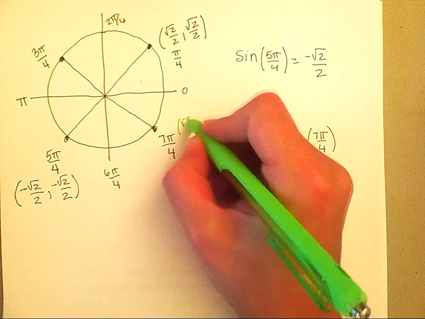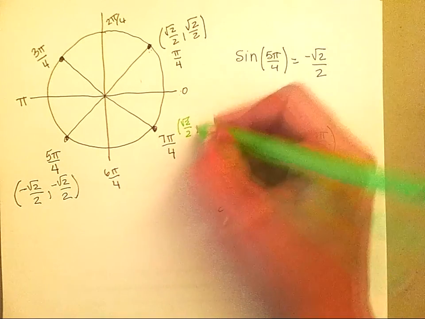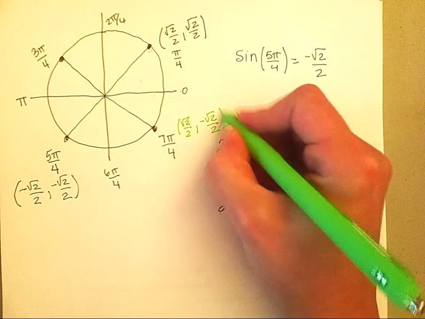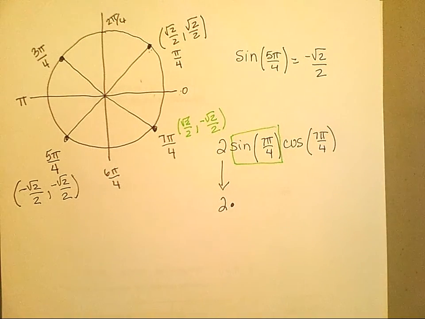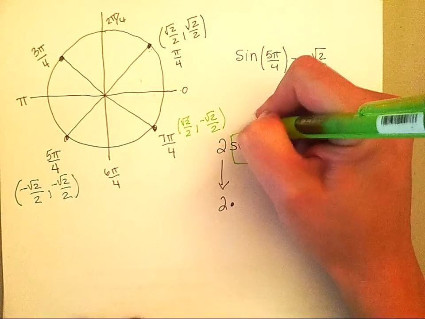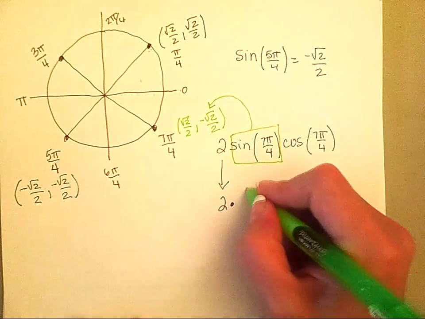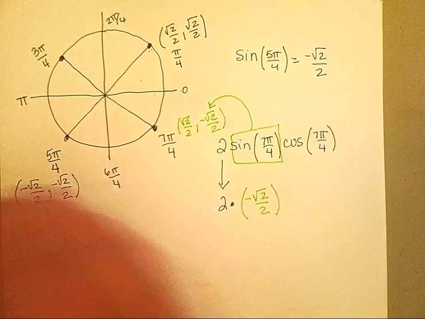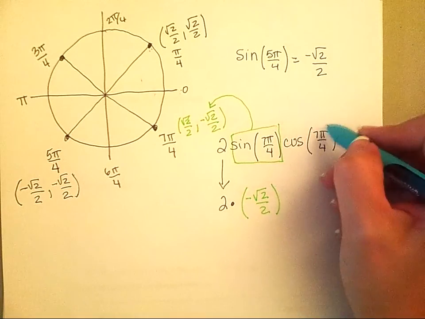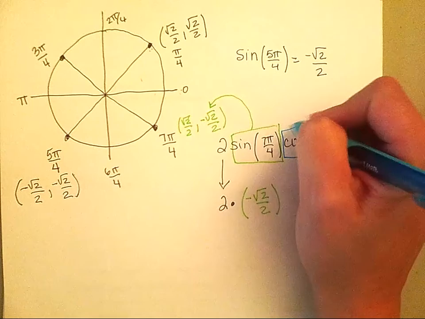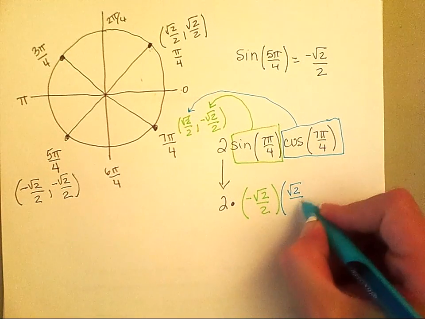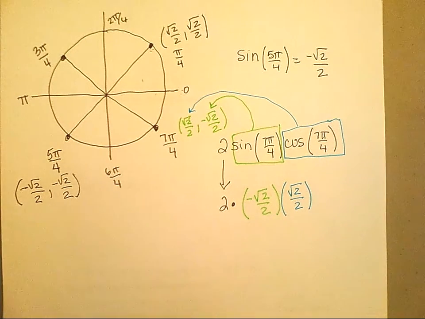Here I've gone positive in the x, so this is positive square root of 2 over 2, but I had to drop down negative in the y, so negative square root of 2 over 2. And the sine is the y value, so we're multiplying by negative square root of 2 over 2. And our cosine here is the x value. So we multiply that by square root of 2 over 2.